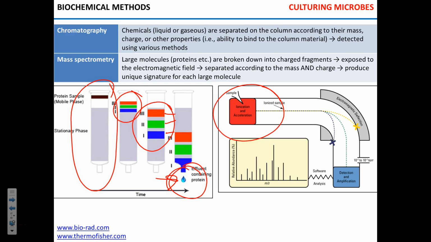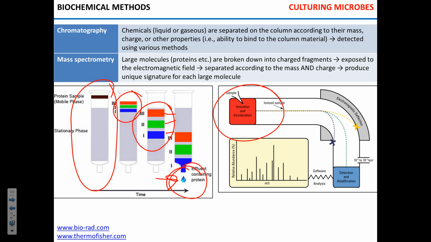Now, the method is designed so that every time you break down a molecule, you break it down in a reproducible way. It's always the same. Does that make sense? Imagine that every time you break the glass, it is broken in the same pieces. Like same glass, same pieces. Does that make sense?